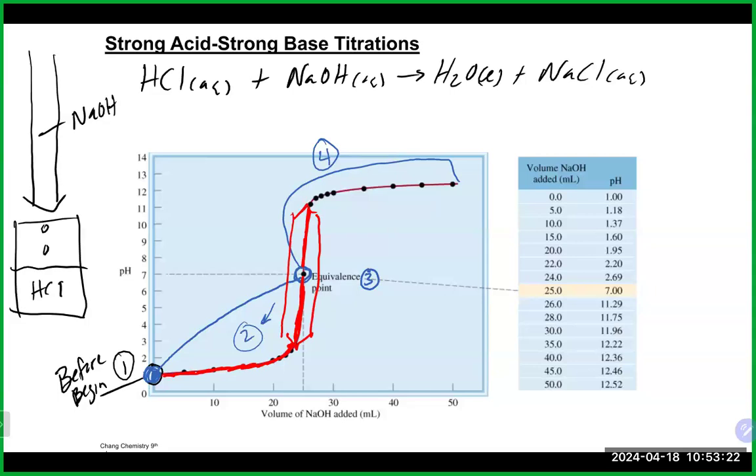It is changing a lot. pH is on the Y there. So as we go straight vertical, the pH is changing a great deal here. So we have a big change in pH. How about the volume? Is the volume changing a lot? The volume's not, because if you draw a straight line straight down, it's pretty much the same volume.